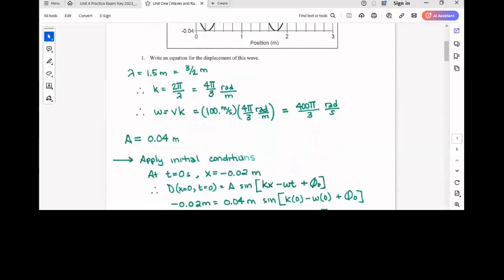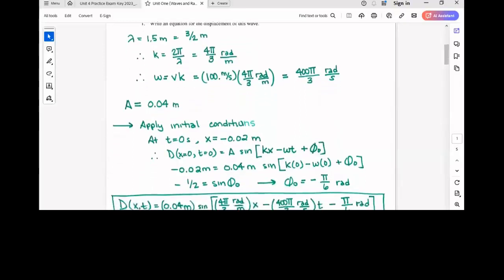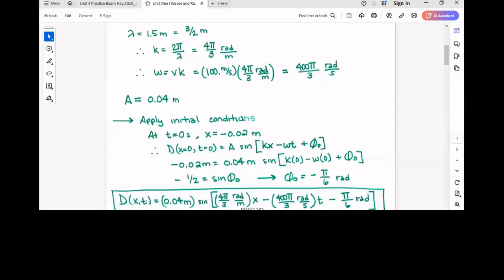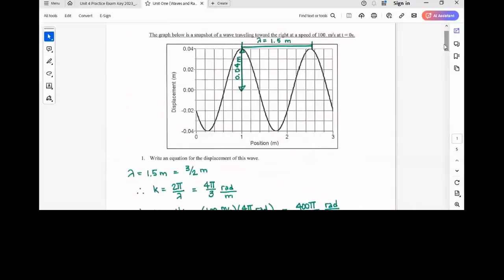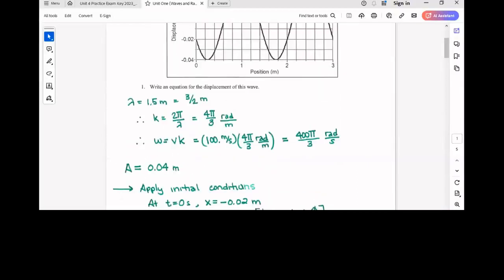So now that we've got those two, we can figure out what the phase constant is. That's the last unknown here. And the way that we can determine that for a graph that neither starts with the minimum at x is equal to 0, nor the maximum, nor 0, but somewhere in between, I can just take a look at the initial conditions.